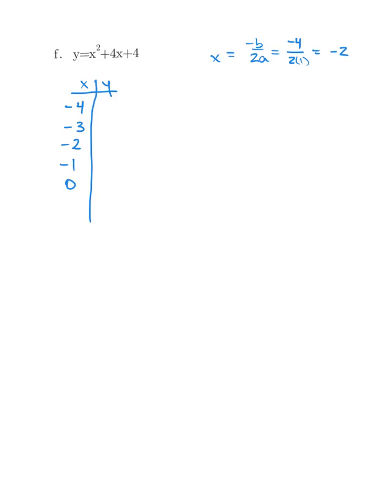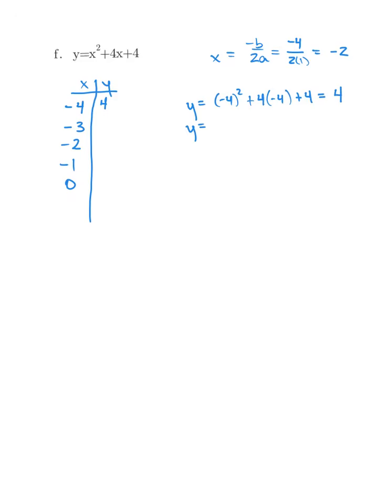If I plug in negative 4, I get negative 4 squared plus 4 times negative 4 plus 4. And using either order of operations or a calculator, you should get y is equal to 4.